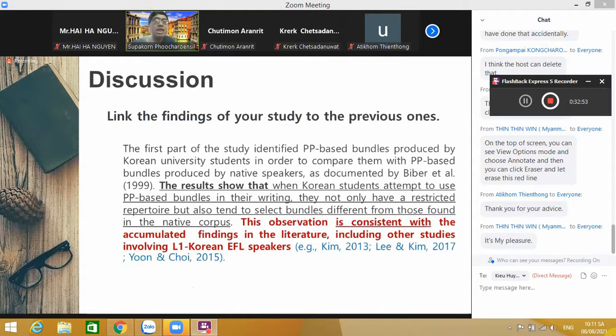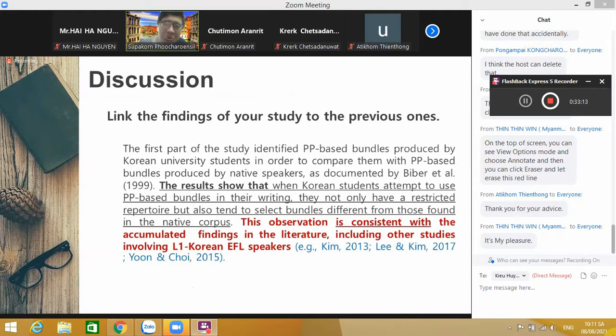Okay, and try to link the findings of your study to the previous ones. I would say this is a must, right? After you have highlighted your results, what you should do next is make a connection between the present study and the past studies that you have reviewed.